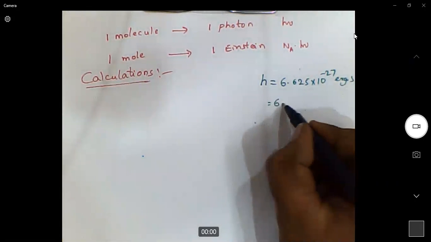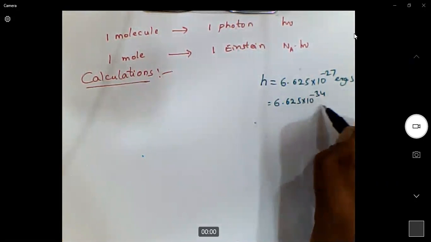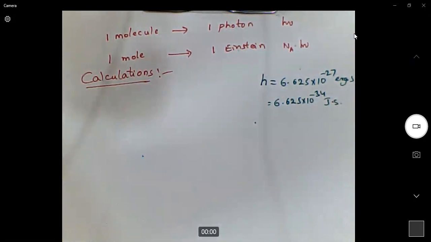In MKS units it is 6.625 into 10 power minus 34 joule second, because 1 erg is equal to 10 power minus 7 joules, or 1 joule is equal to 10 power plus 7 ergs.